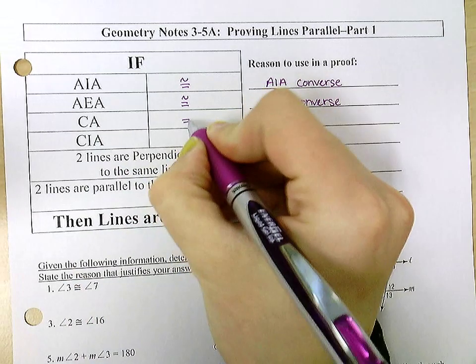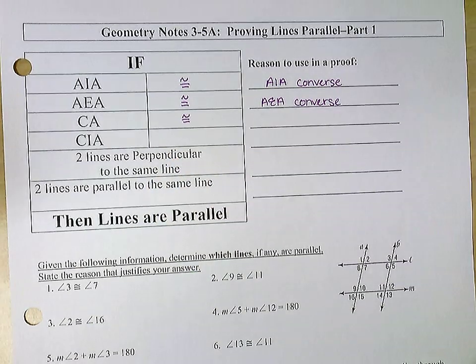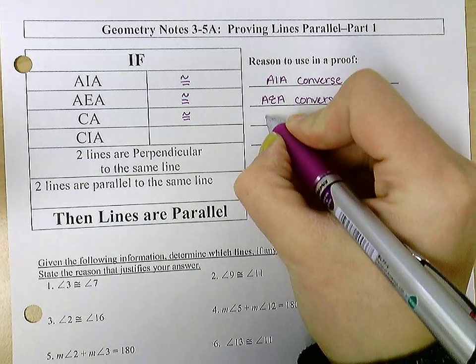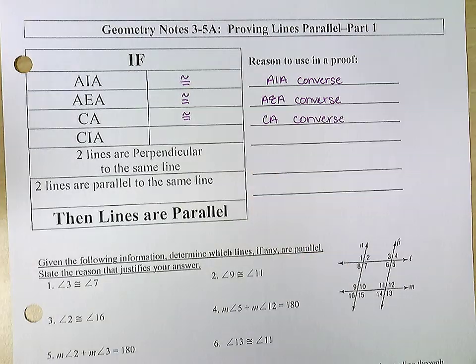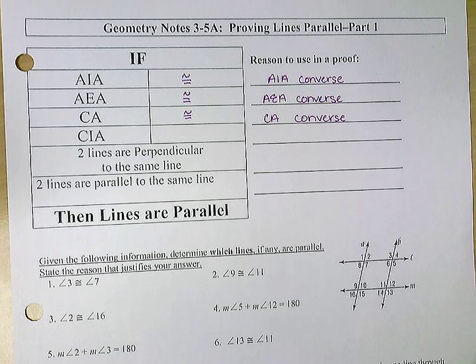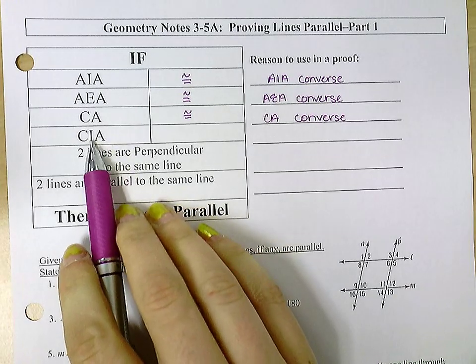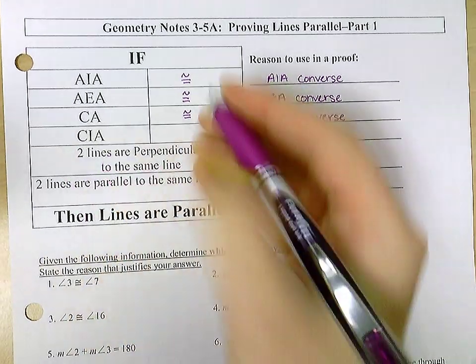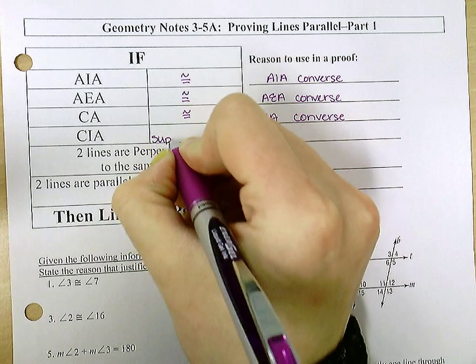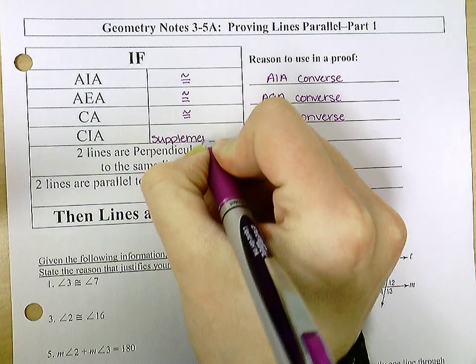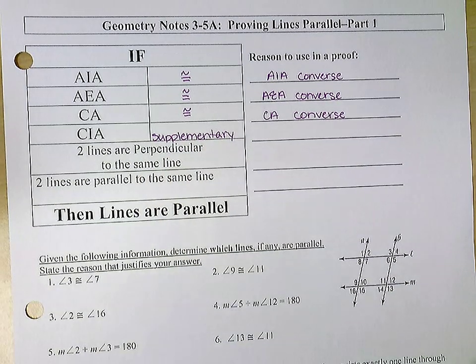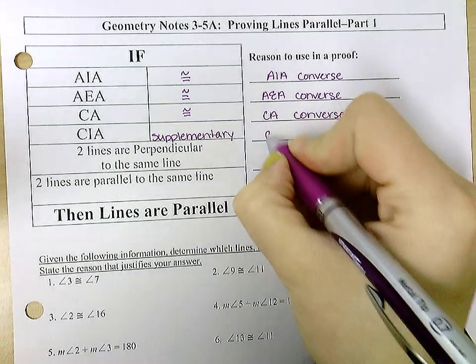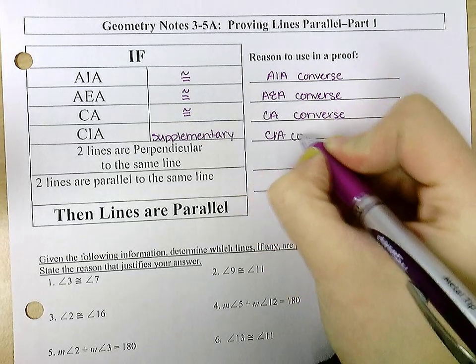So if corresponding angles are congruent, then lines are parallel by the corresponding angle converse. And then we also have if consecutive interior angles are supplementary, not congruent. Okay, they are supplementary, meaning they add to 180. Then those lines are parallel by CIA converse.